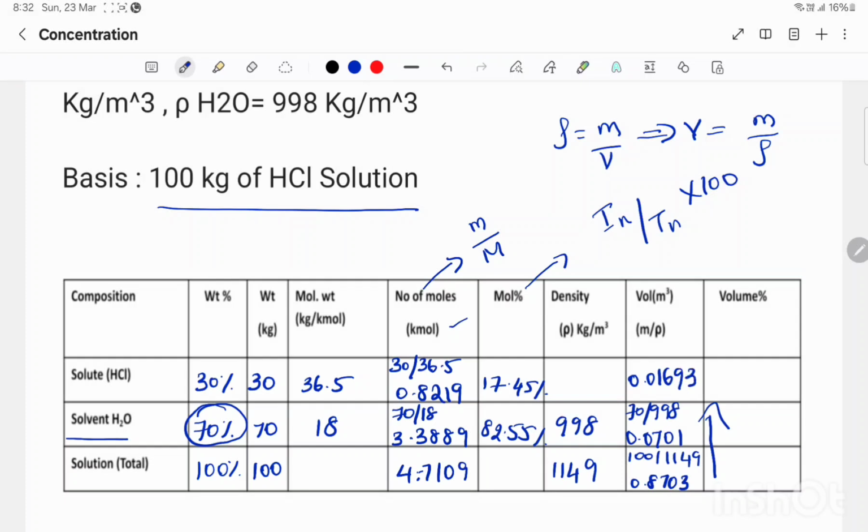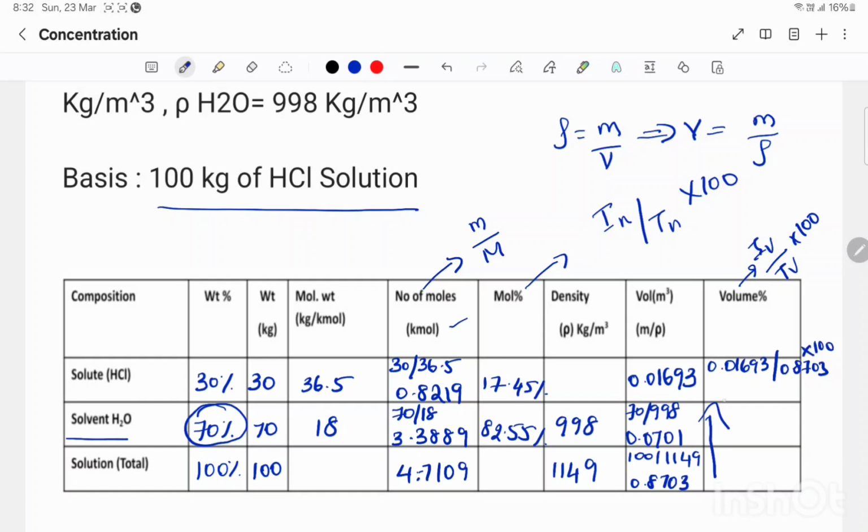So done with volume. With volume, we can calculate what is volume percentage. Individual volume percentage is individual volume divided by total volume into 100. Individual volume is 0.01693 divided by 0.8703 into 100.